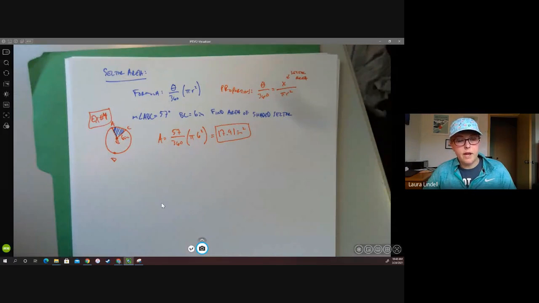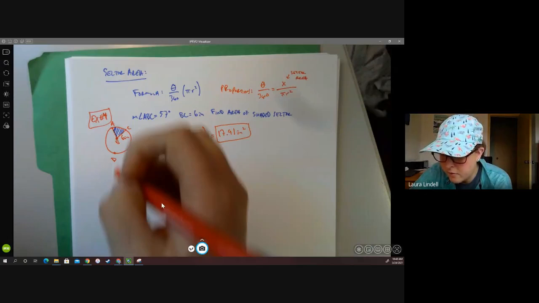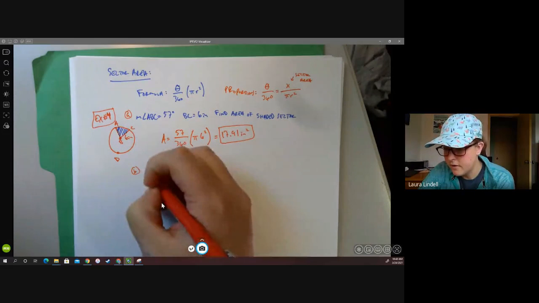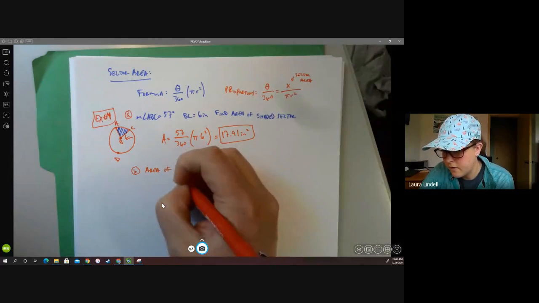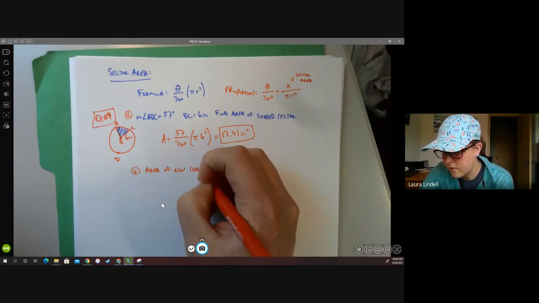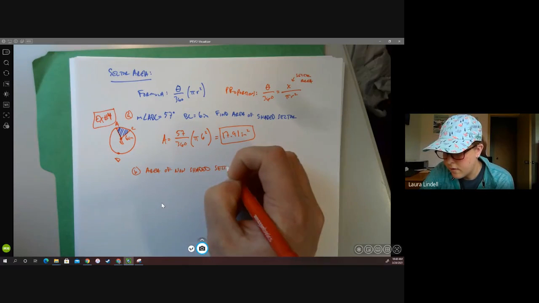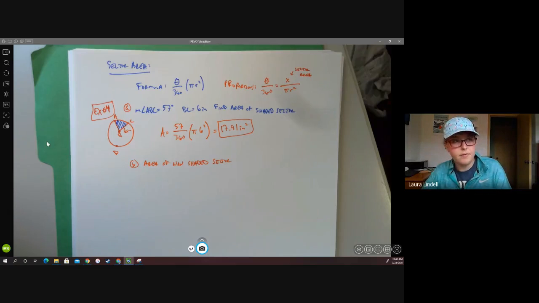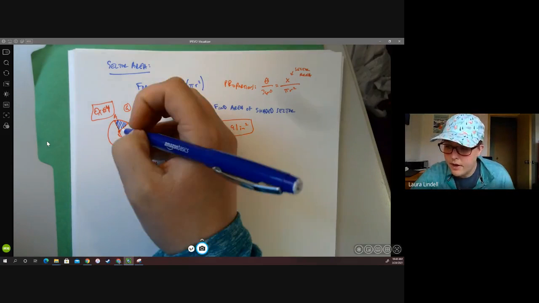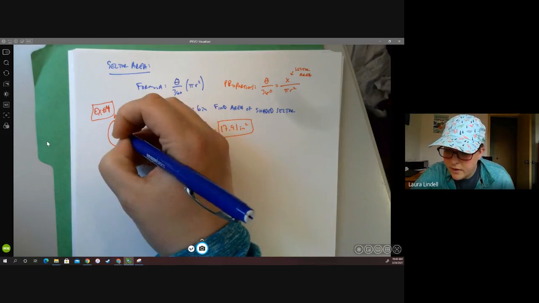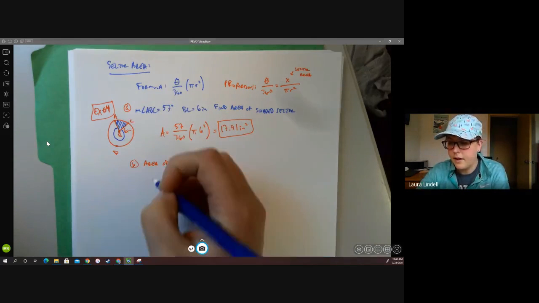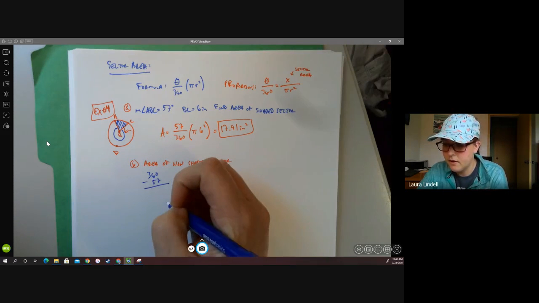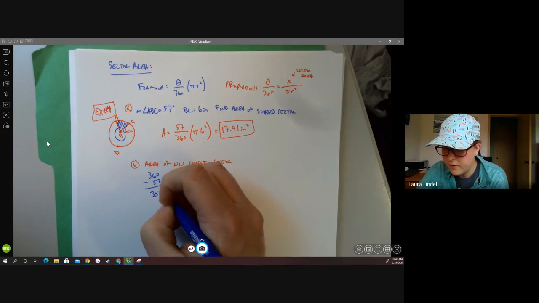Okay. Or we could be asked then, let's say this is part A, part B, what's the area of the non-shaded sector? All right. Well, if the shaded part had an angle of 57 degrees, the non-shaded part has an angle of 360 minus 57 degrees, which would be 303 degrees.